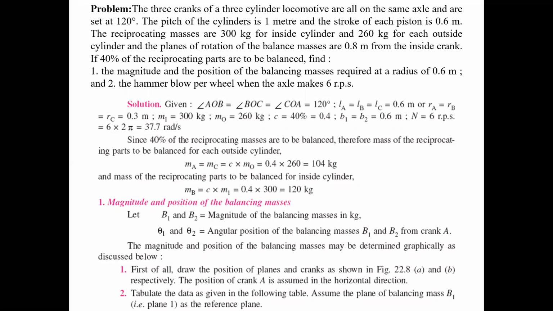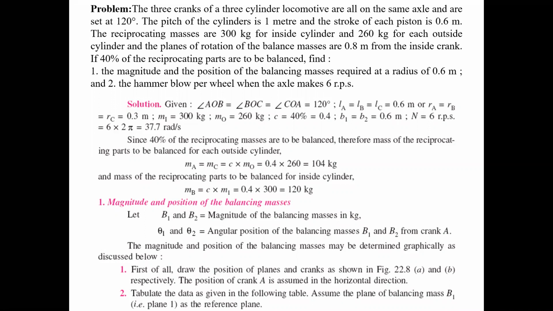First the outside cylinders: three cylinders are arranged on the same axle, two acting as outside and one between the two. From the outside cylinder point of view, MA and MC are both equal to C into M naught.